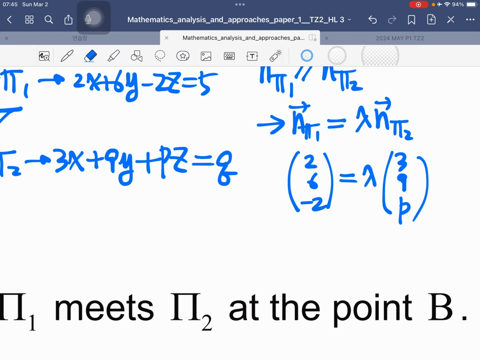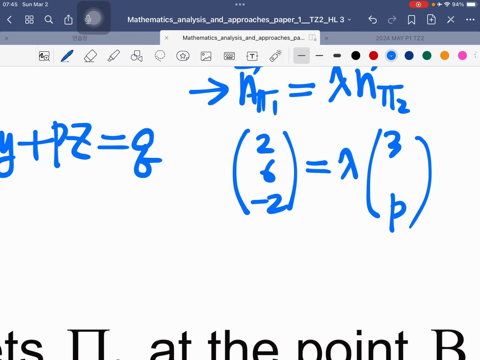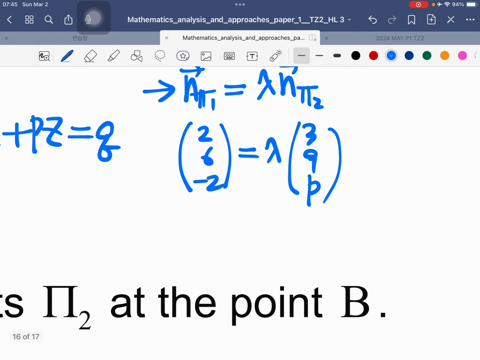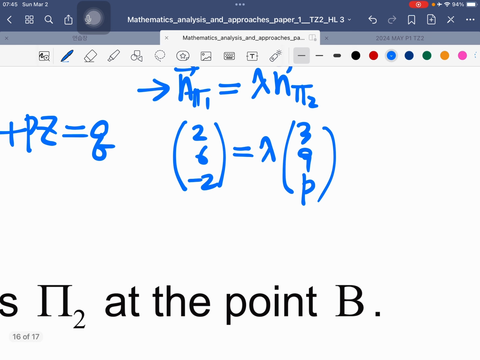So 2 should be 3 lambda, 6 should be 9 lambda, and -2 should be lambda times p.